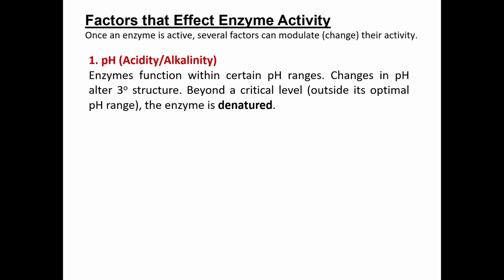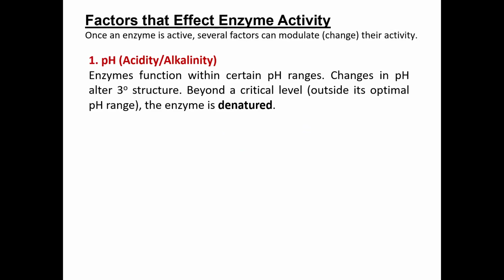Because enzymes function within a certain pH range, a change in pH can alter the three-dimensional structure of the protein, and beyond a critical level outside its optimal pH range, the enzyme can be denatured.